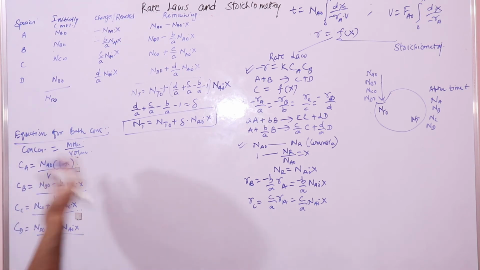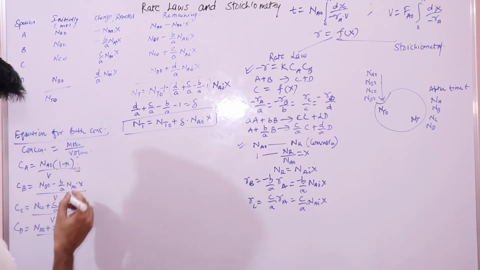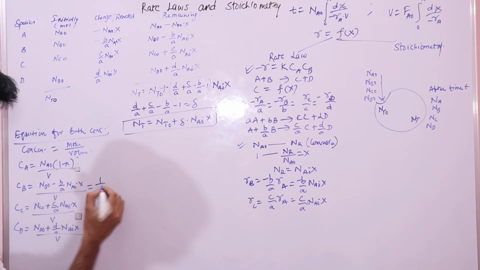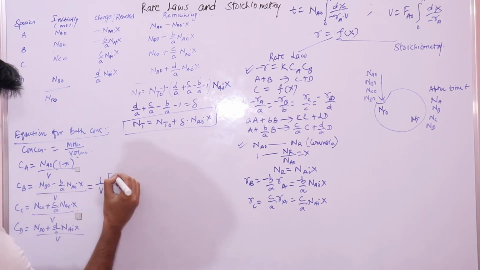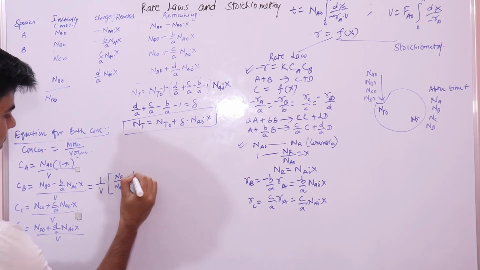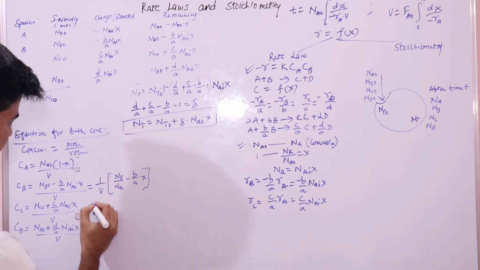Now we need to further solve these equations. In order to do that, we will take Na0 common from all these equations. Taking Na0 common from here, this 1 upon V we will bring here. So Nb0 upon Na0 minus B upon A x is what the equation will become.